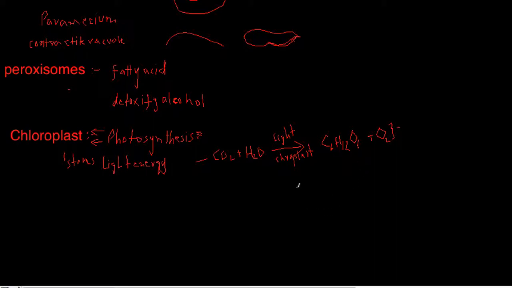Anyways, if you look at the structure of the chloroplast, as I mentioned before, chloroplast has a double membrane. It's phospholipids, and inside. So if this is chloroplast, I'm just drawing a random shape here, and it's a double membrane. So this is the double membrane right here. Inside the double membrane, the fluid which is present inside the chloroplast is called the stroma.